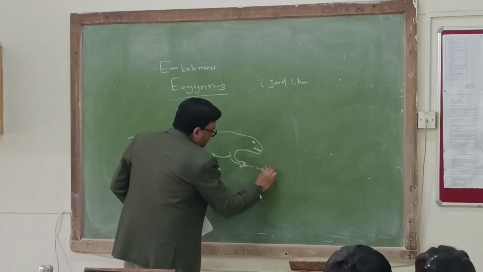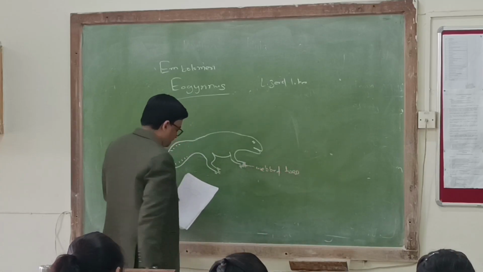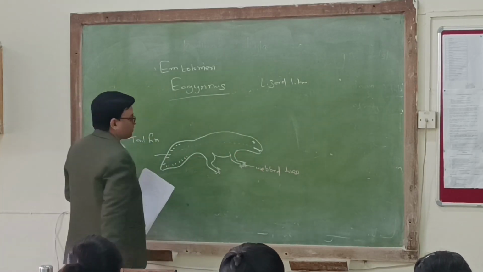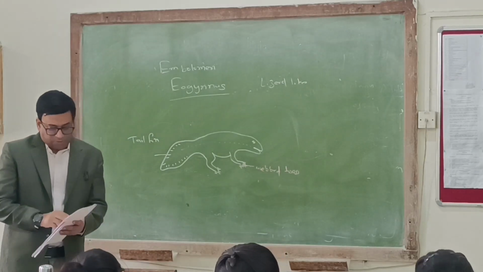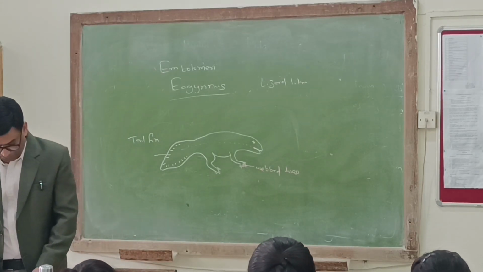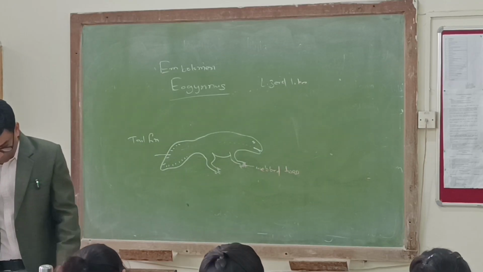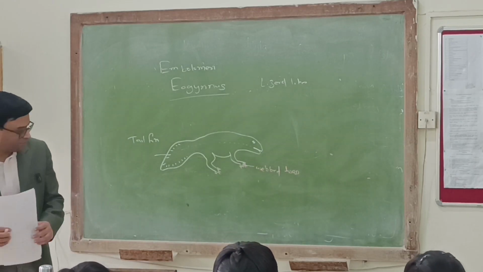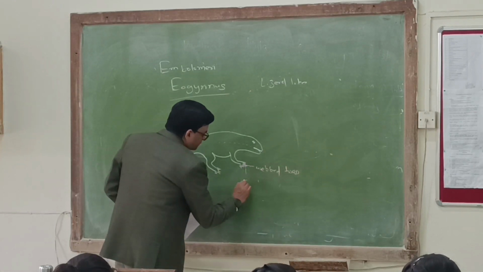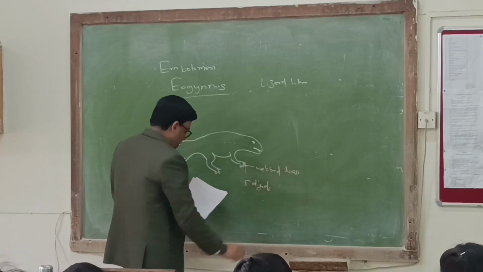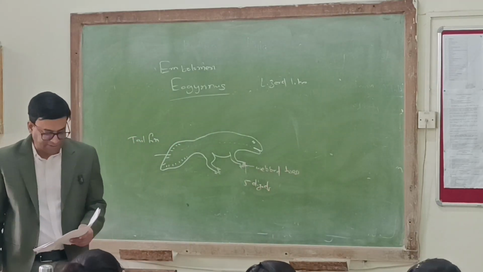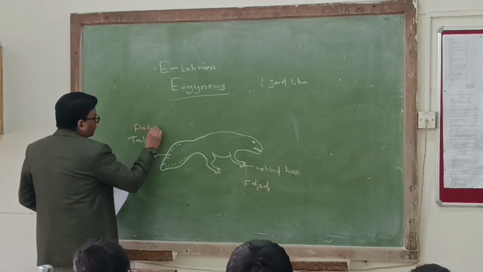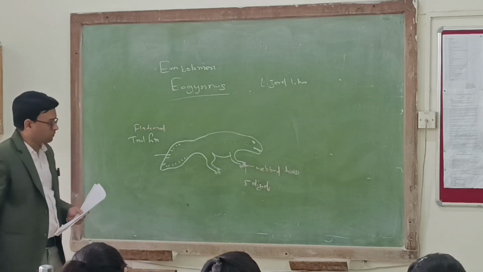This is a small lizard-like organism having webbed toes and 5 digits. Flattened tail. This tail is flattened. And the nostril.